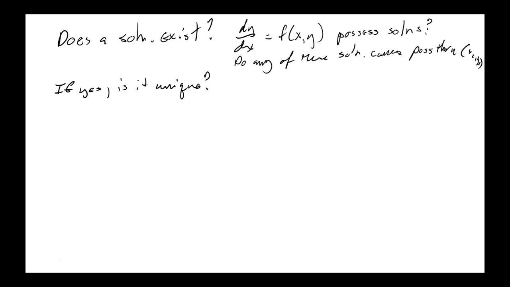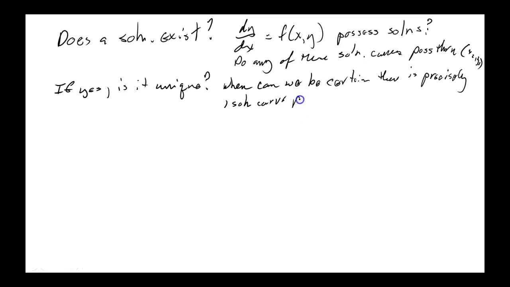And what we ask there is, when can we be certain that there is precisely one solution curve that passes through our initial value x0, y0? When can we be certain?